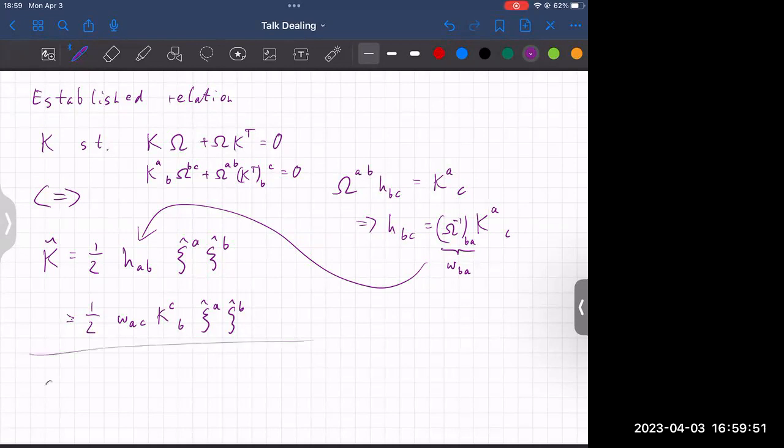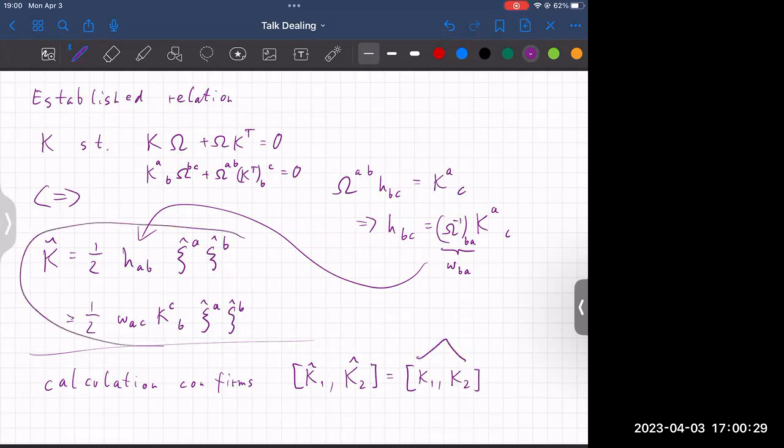And a calculation confirms, that's kind of like a homework, that if you take the quantum commutator of K1 hat times K2 hat, this is the same as if you first took the commutator of the corresponding 2n by 2n matrices K1 and K2, and then constructed the operator using this rule.